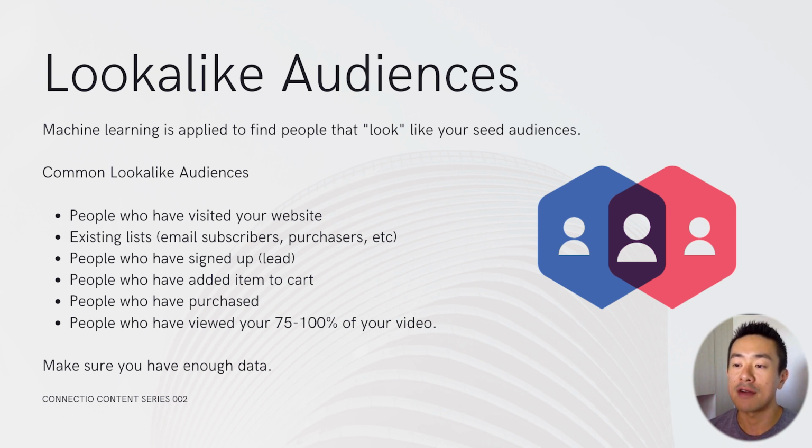So you want to make sure you have enough data going into your pixel, people taking action on your website. I suggest anywhere from 300 to 500 actions within that specific event. So 300 to 500 people who have purchased an item from your store or taken action on your store. So a very powerful audience that you should be testing right away.